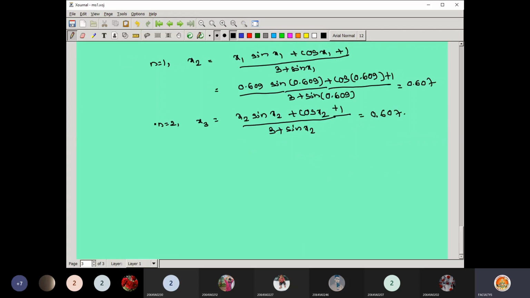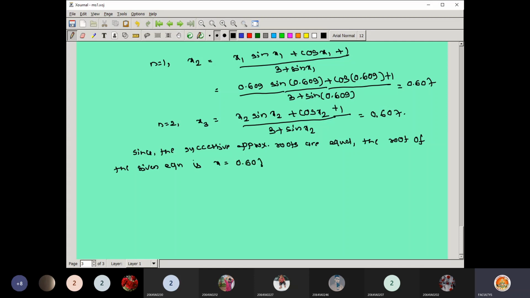Since the successive approximate roots are equal, the root of the given equation is x equal to 0.607. That is your final answer.